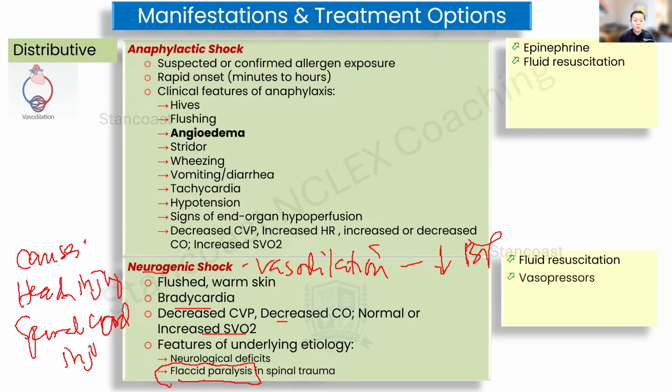We'll have to administer the vasopressors, the norepinephrine, in order to cause a vasoconstriction. And to treat the bradycardia, expect to administer the atropine sulfate to boost the heart rate. Atropine for the bradycardia, vasopressors for the hypotension, and we also have the fluid resuscitation to replenish the circulation.